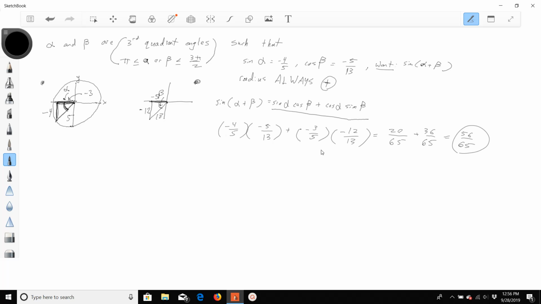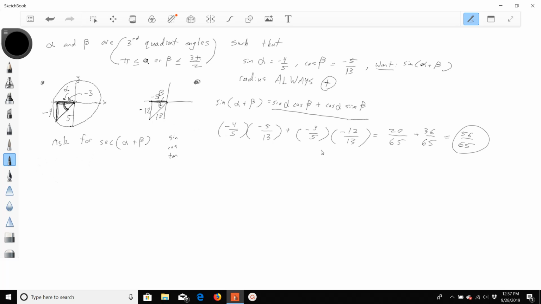That's it. One more thing I wanted to say is sometimes they'll ask for something like secant. They'll ask for secant of alpha plus beta, and maybe right away you're thinking, whoa, there's no identity for secant of alpha plus beta, at least off the top of your head. We gave you identities for sine, cosine, and tangent of alpha plus beta, and it would be kind of mean for them to ask this because it would turn into a lot of messy arithmetic.